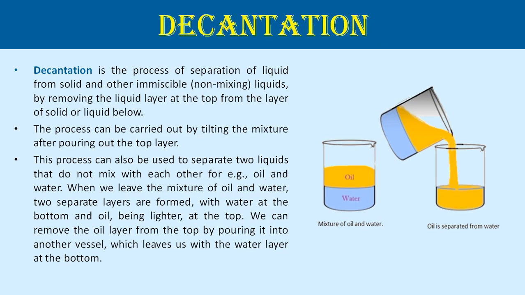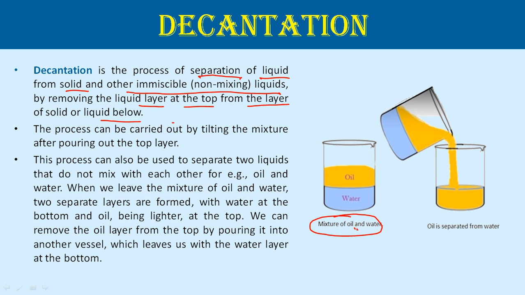Now I will explain decantation. Decantation is the process of separation of liquid from solid and any other non-mixing liquids by removing the liquid layer at the top from the layer of solid or liquid below. That means, suppose we have taken a mixture of oil and water.